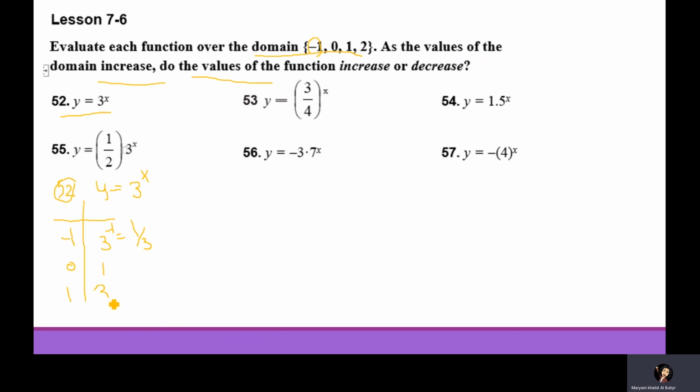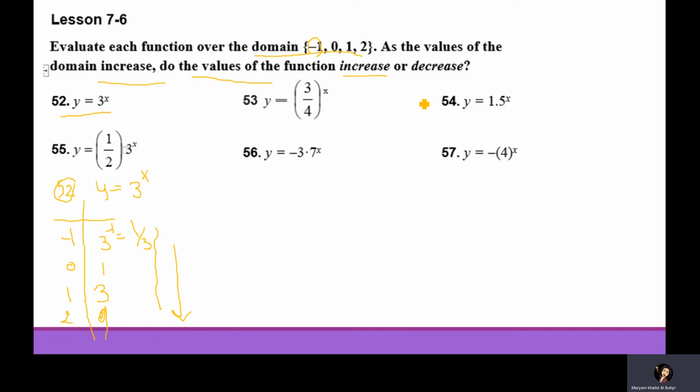Once you substitute by 1, you will get 3. Once you substitute by 2, you will get 3 to the power 2, which is 9. Now you will figure out, is this increasing or decreasing? Look at the numbers. The numbers get bigger. That means this function is increasing. This is the idea.